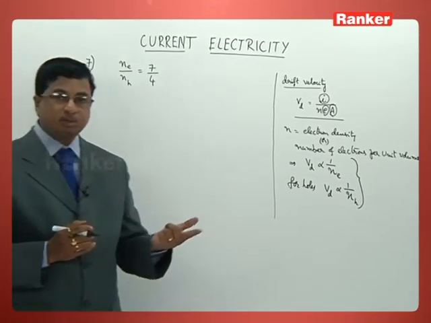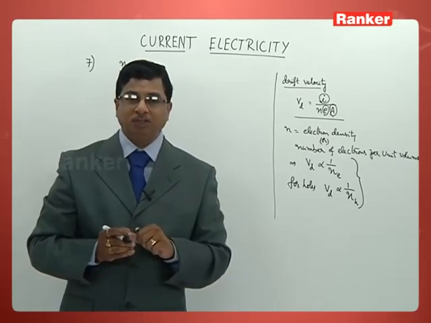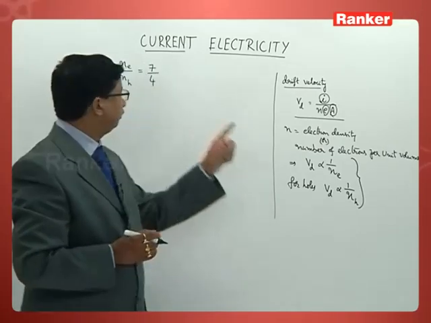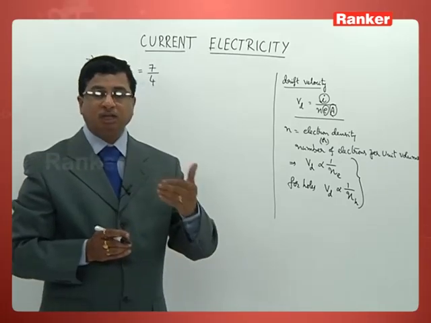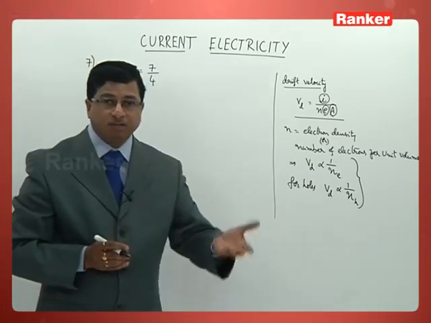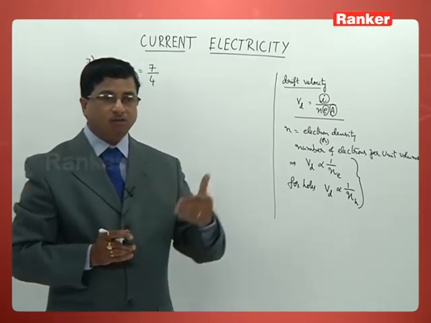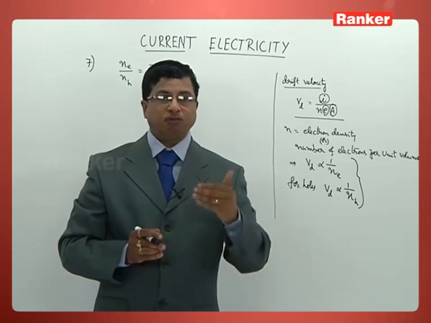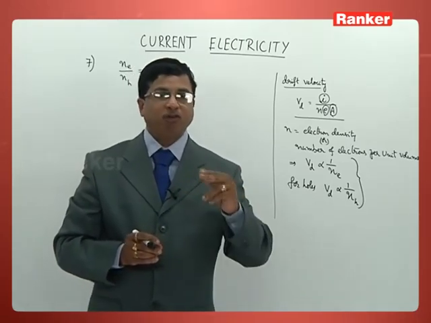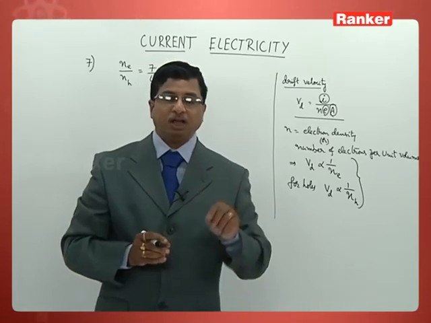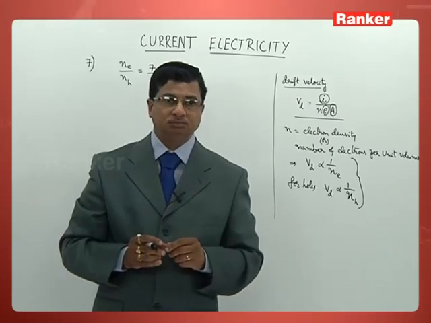Number of electrons per unit volume by number of holes per unit volume. That ratio is given as 7/4. Then what will be the ratio of their drift velocities? That is the concept. See, 4 options are given: 5/8, 4/5, 5/4, 4/7. Correct option is the 4th one, that is D now.